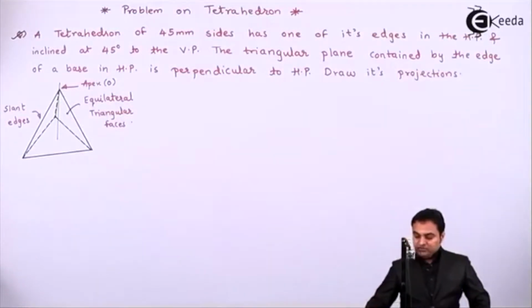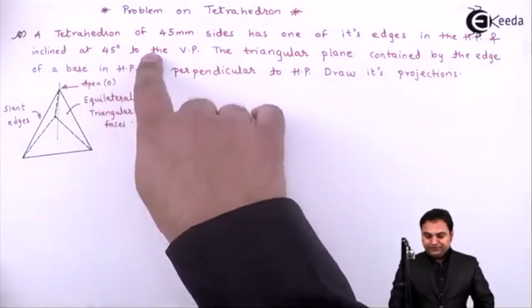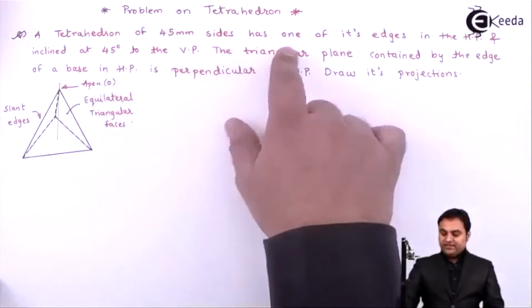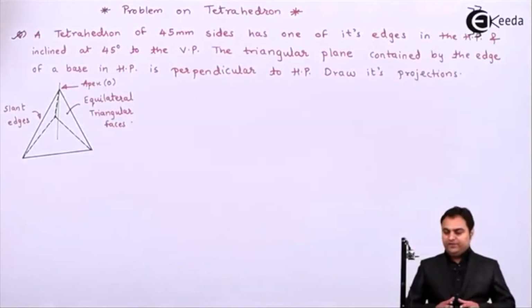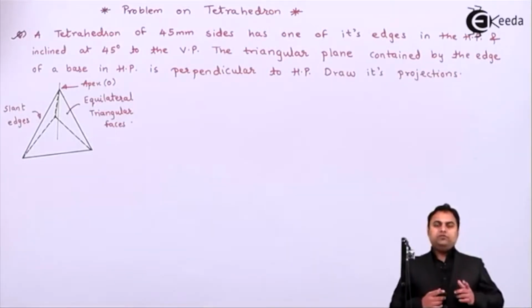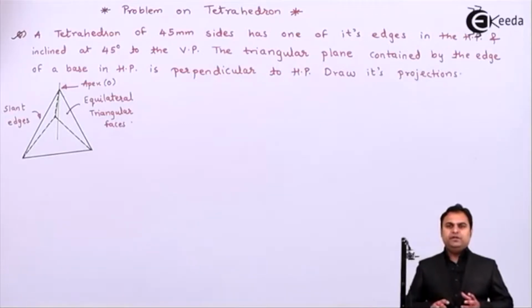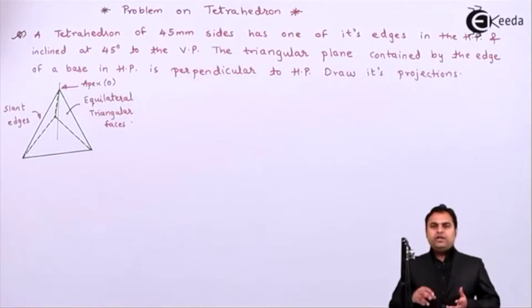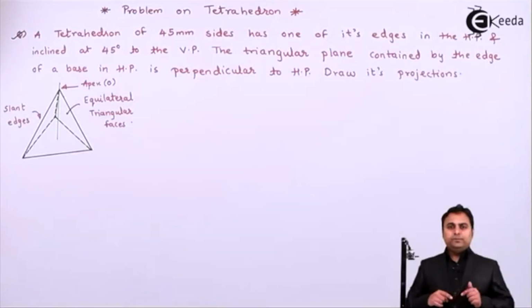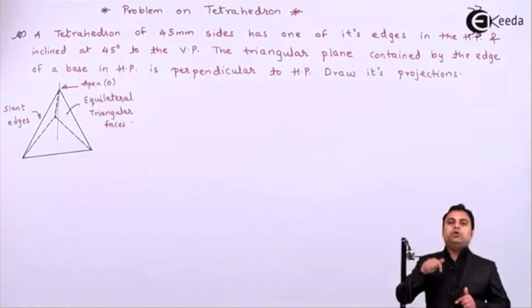Now when I read this question, it is given that tetrahedron of 45 mm sides has one of its edges in HP. If one of its edges is in HP, it means the entire tetrahedron is in HP. So the meaning is we are going to see the equilateral triangular base of the tetrahedron from the top view.